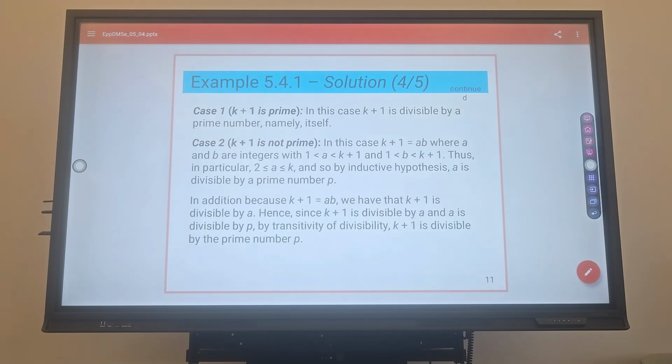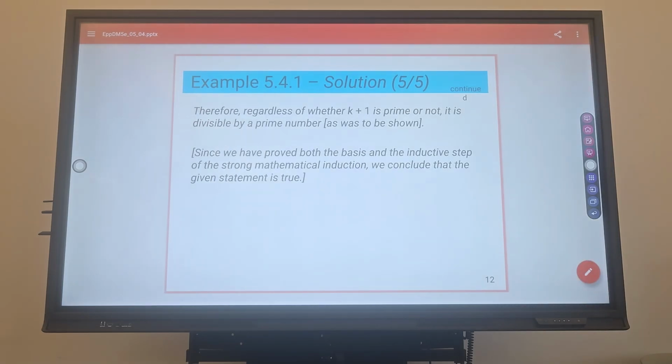In addition, because k plus 1 is the product of a times b, k plus 1 is divisible by a. Hence, since k plus 1 is divisible by a, and a is divisible by p, by the transitivity of divisibility, k plus 1 is divisible by the prime number p. Therefore, regardless of whether k plus 1 is prime or not, it is divisible by a prime number. So, the given statement is true.